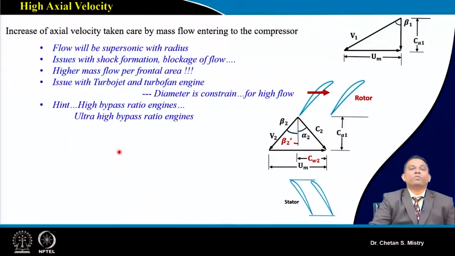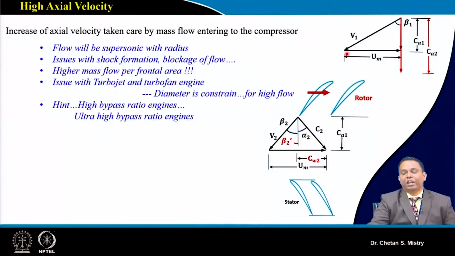The second option says we can increase the axial velocity. Suppose this is my velocity triangle. For that velocity triangle, let's increase the axial velocity. When we are increasing our axial velocity, in line with what we have discussed for higher rotational speed or higher peripheral speed, we get our relative velocity component to be large.